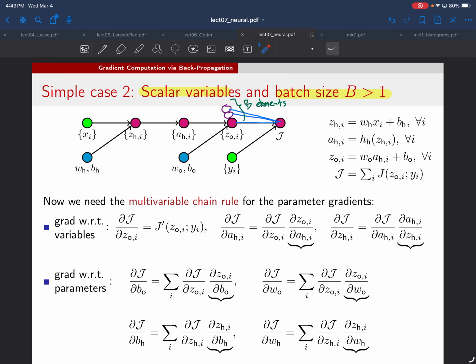Now let's consider that because we have a batch, we also have a collection of variables here, again, B of them. And now we want to think carefully about how these are connected. So what do you think? Do these have this kind of connection where they're all mixing together, or is it more of a straight line thing?